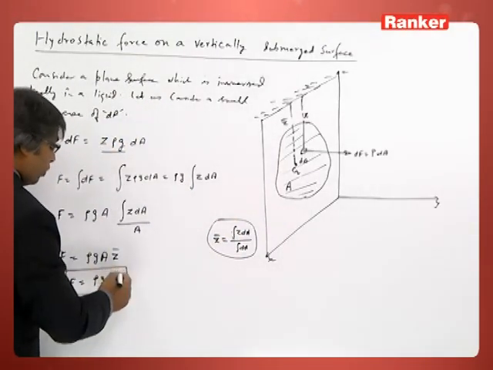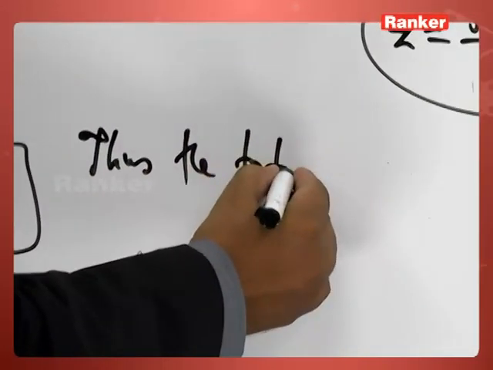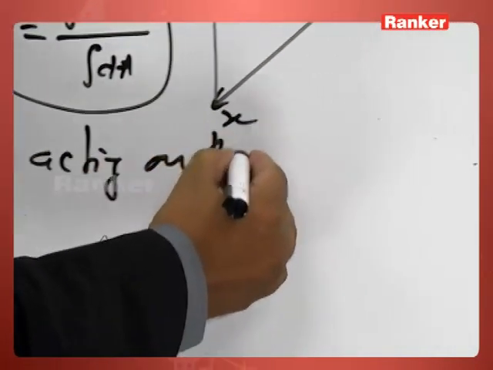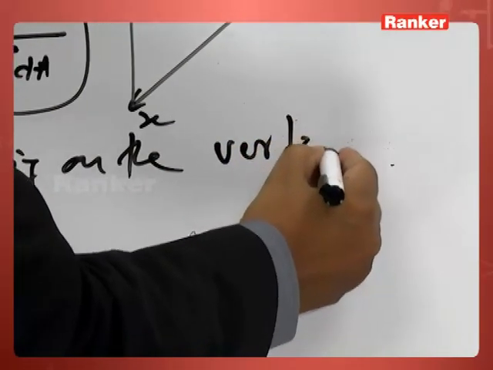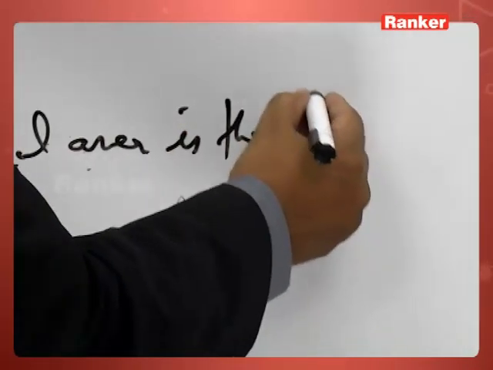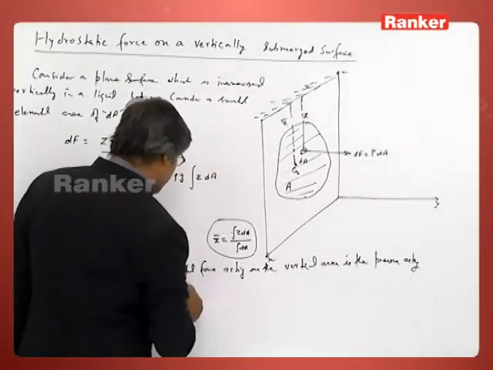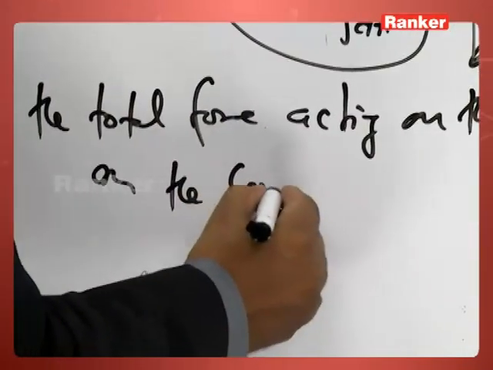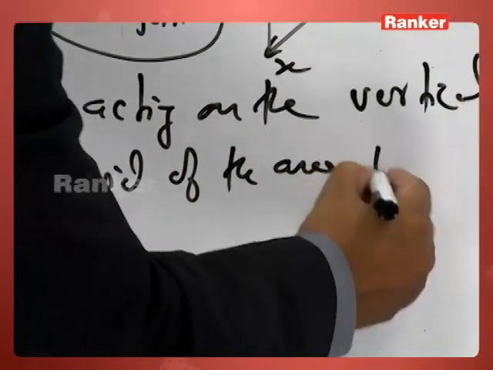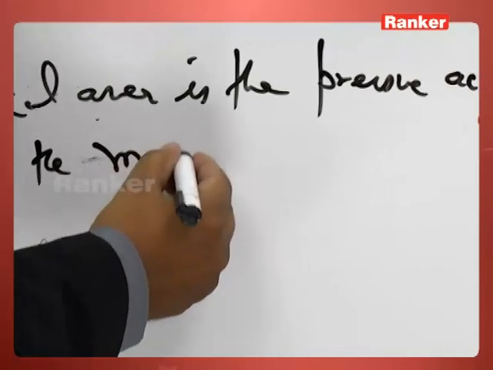So the total force acting on the vertical area is the pressure acting on the centroid of the area times the magnitude of the area.